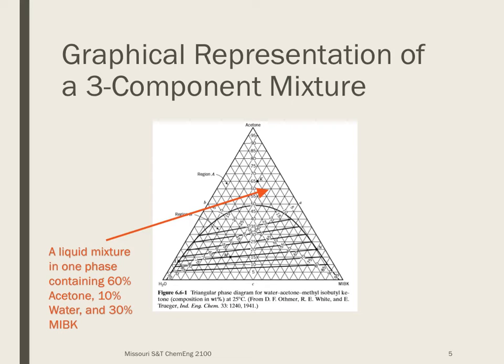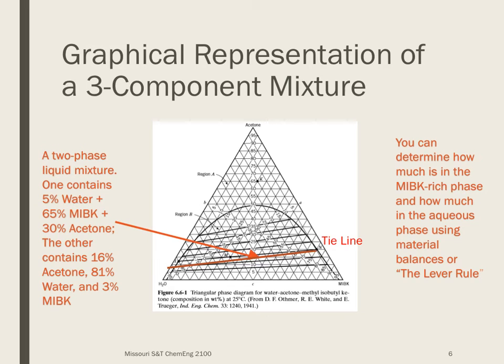So, yes, just showing you another point there. This point right here is a liquid mixture, and it forms one single phase. This down here forms a liquid that splits into two phases, okay, that follow the tie line, and that's the worst tie line I've ever seen.